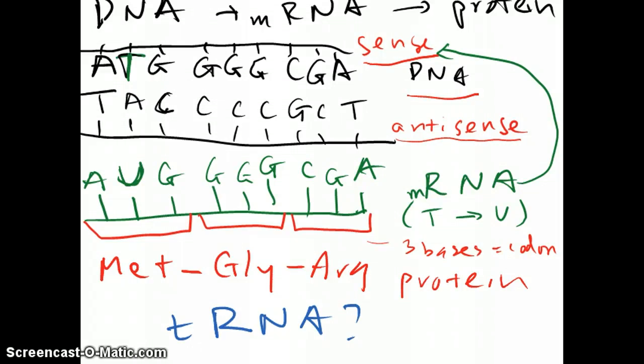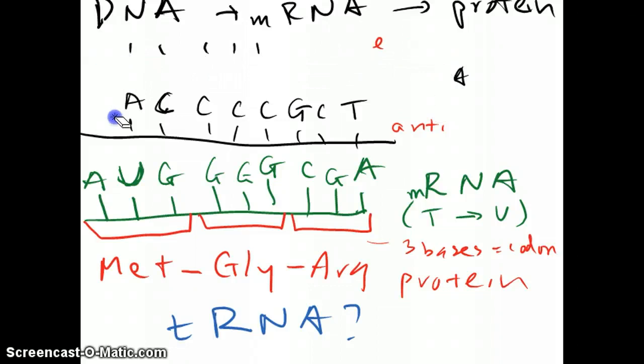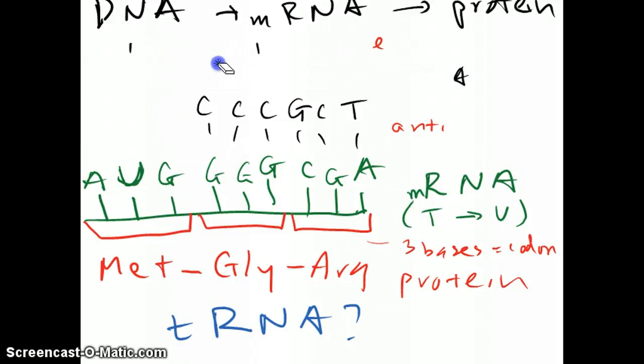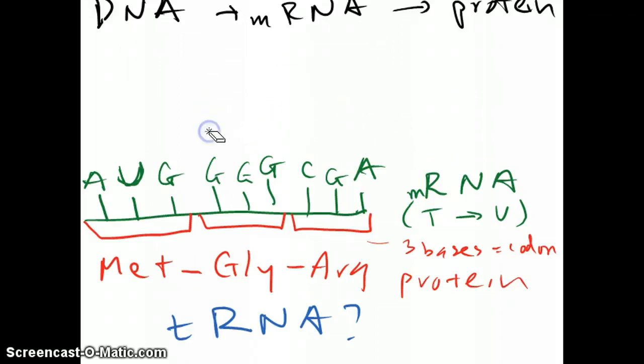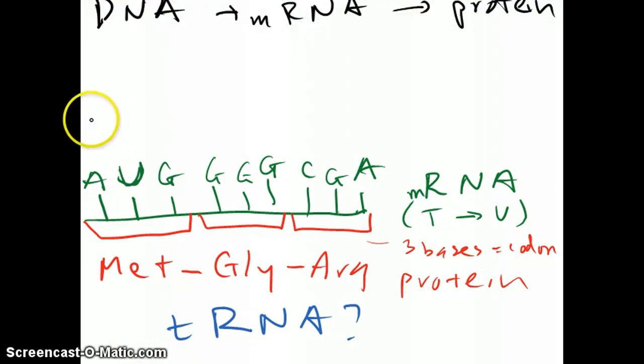If the question asks you for tRNA instead of a protein, then you have to do a little bit more thinking. tRNA, in the color blue here, is essentially something that sits on the mRNA in order to do translation.